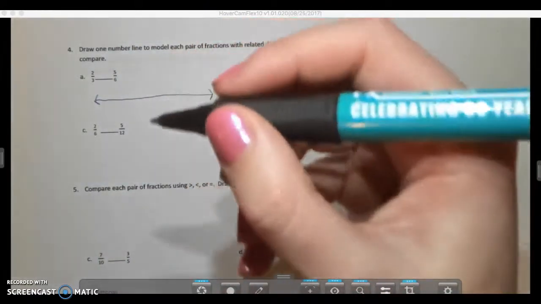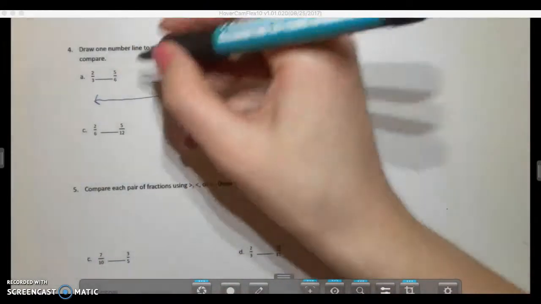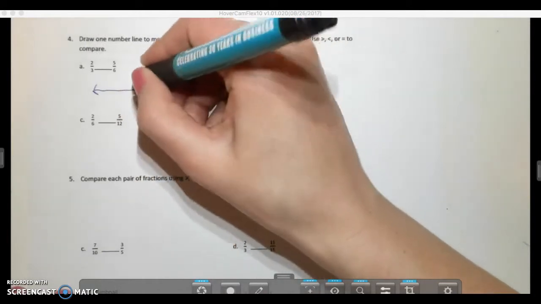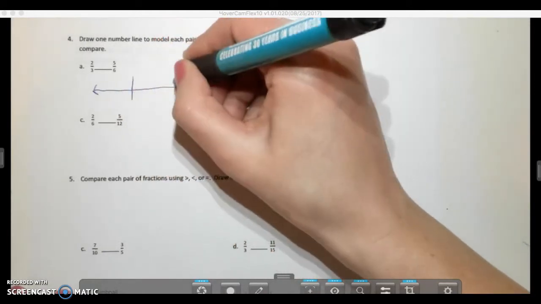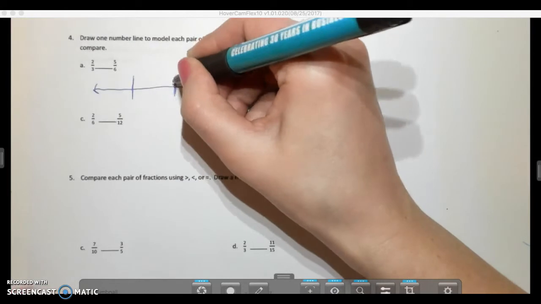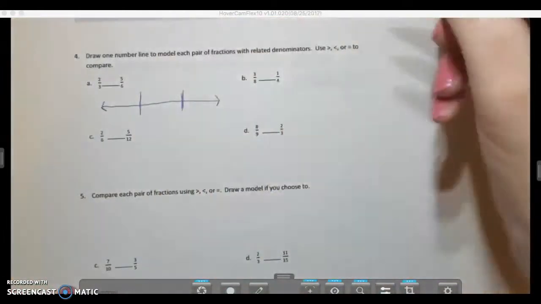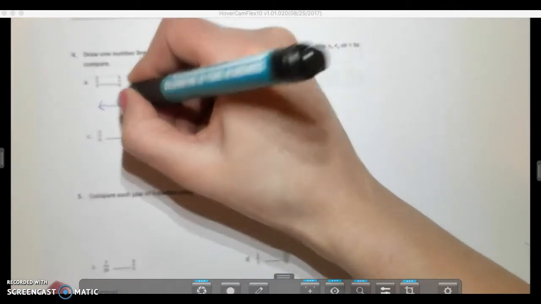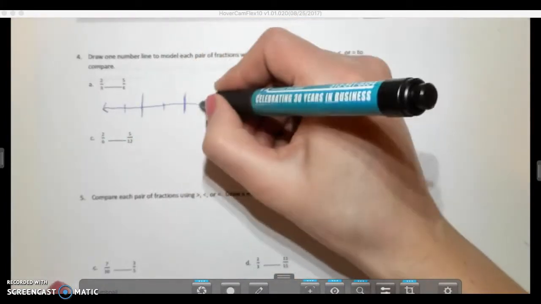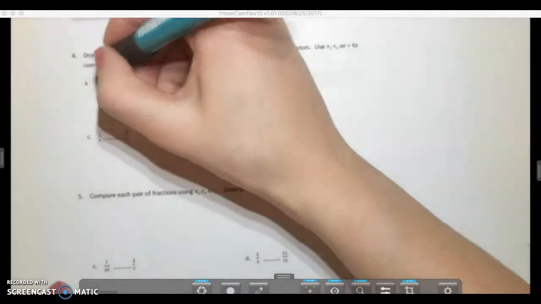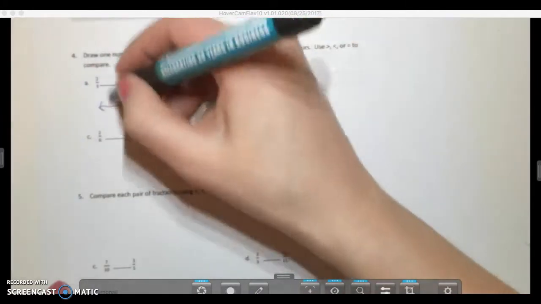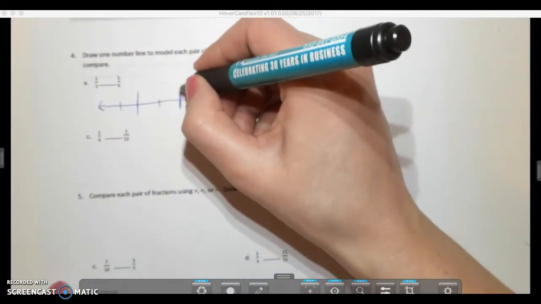And I'm splitting this into thirds with bigger lines. A big one here and a big one here. And then I will use smaller tick marks to split it into 6. Here, here, and here. So I'm going to plot 2/3 and make sure I plot that on the bigger lines. So my 2/3 would be right here.